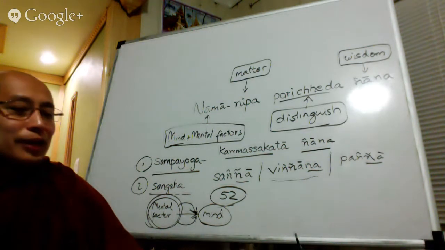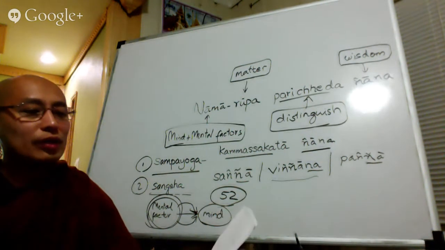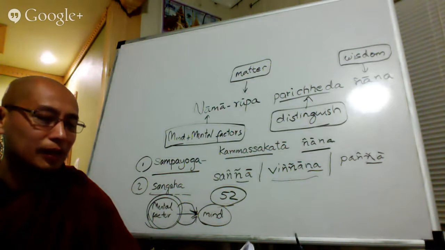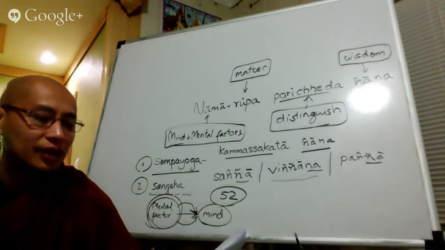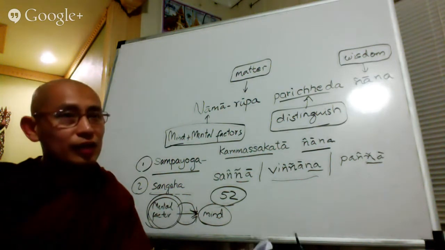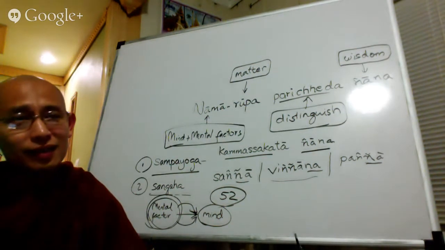First akusala, unwholesome mind, and after that rootless mind, and after that kamavachara, sense sphere beautiful mind, and then rupavachara, and arupavachara, and then lokottara, supramundane. This is the sequence of the mind.